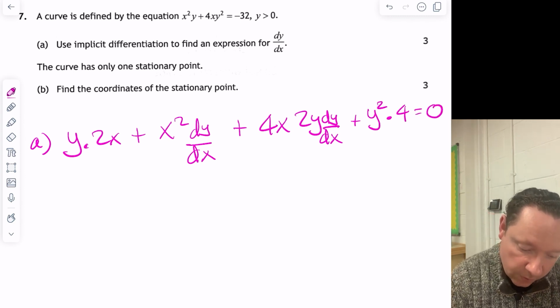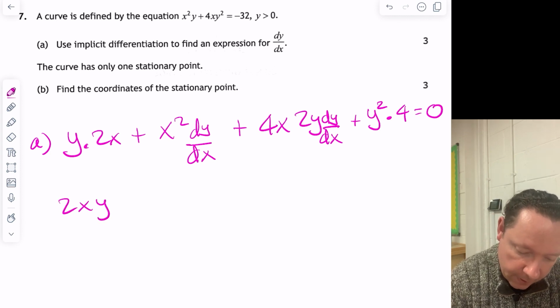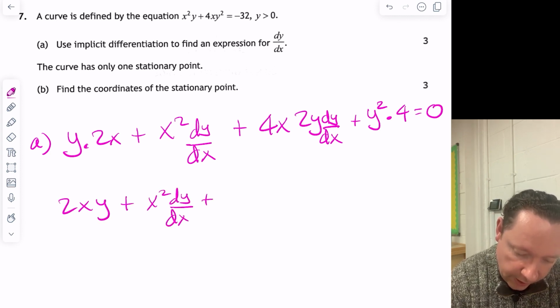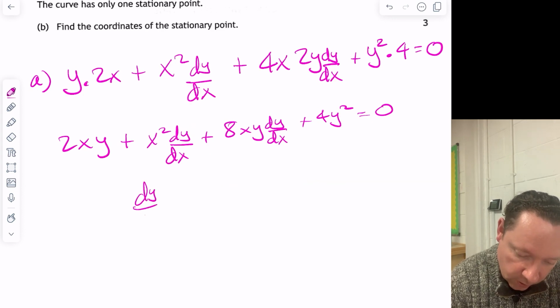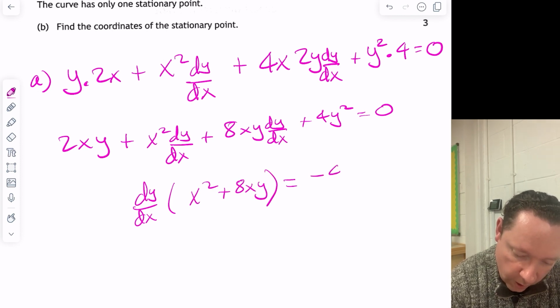So tidying that up, we've got 2xy plus x squared dy by dx plus 8xy dy by dx plus 4y squared equals 0. Dy by dx here, and I've got x squared plus 8xy, and that equals minus 4y squared minus 2xy.